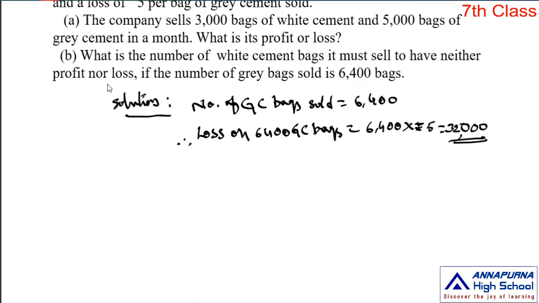Here, the question is, what is the number of white cement bags it must sell to have neither profit nor loss, if the number of grey cement bags sold is 6,400? To find the number of white cement bags sold, the profit must be equal to loss.